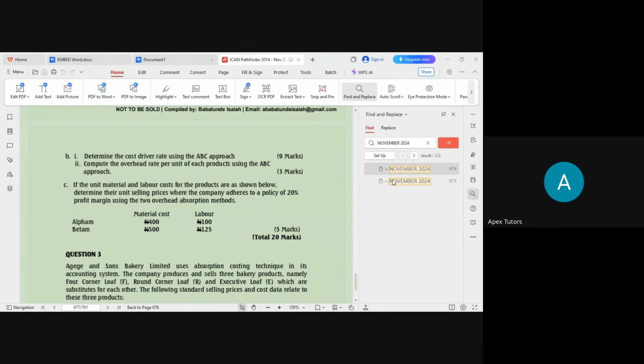That is why I didn't close the platform, and why I'm always putting some messages on the platform to make the place active and to see that everybody is carried along. So when you have trouble with a question, send it to the platform. If I'm free, I will look at it, but most times I might not be free. But I know there are other persons that have attempted it.